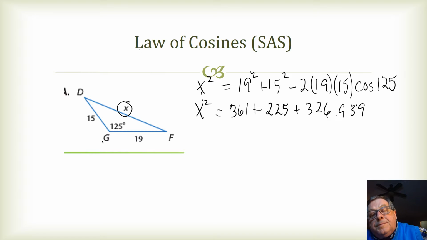So then x squared is going to equal 361 plus 225 plus 326.939, and all that totals 912.939.